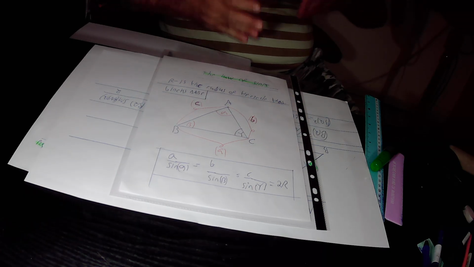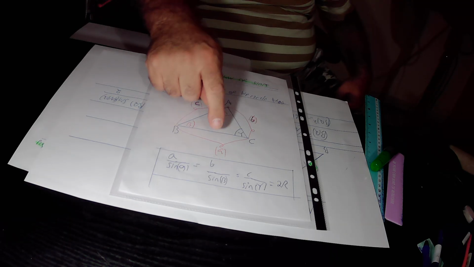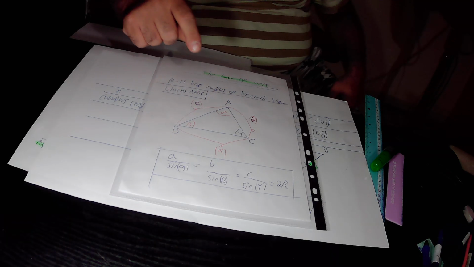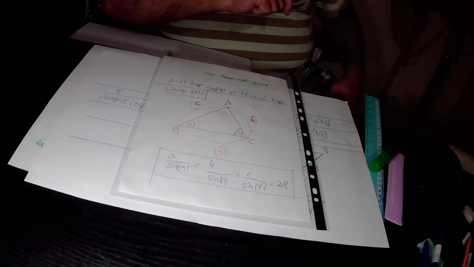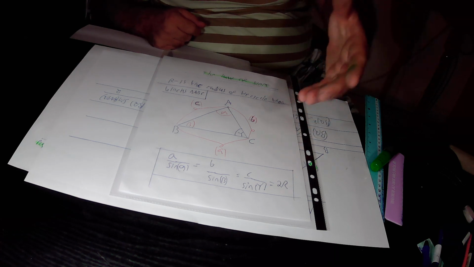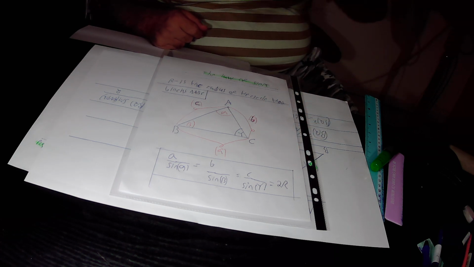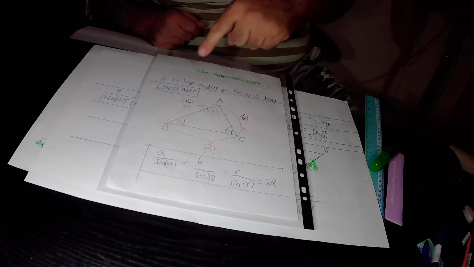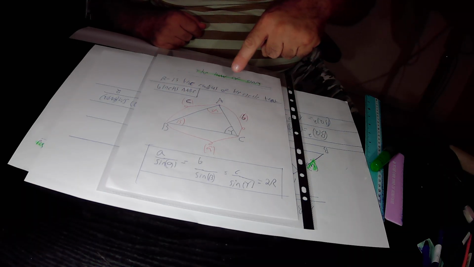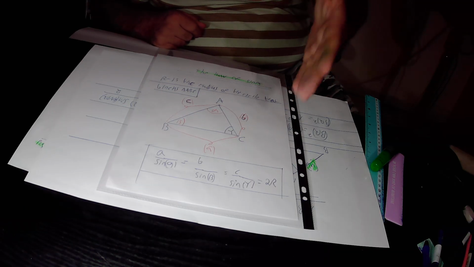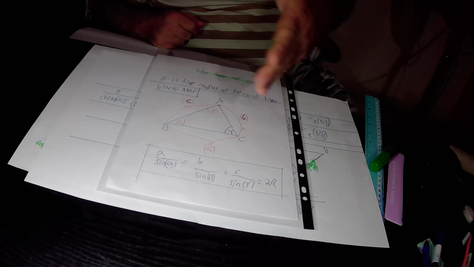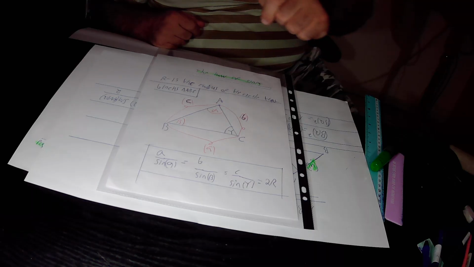According to the law of sines, a over sine alpha equals b over sine beta equals c over sine gamma, and it equals 2R. R is the radius of the circle that circumscribes triangle ABC, and therefore 2R is the diameter of the circle that circumscribes this triangle ABC.